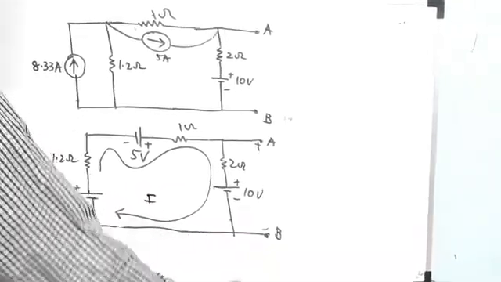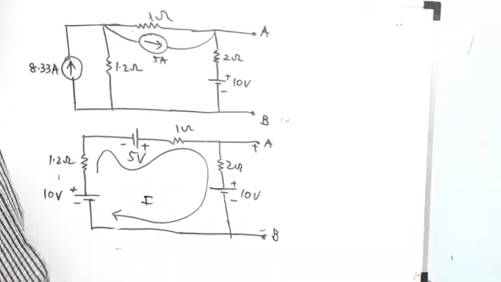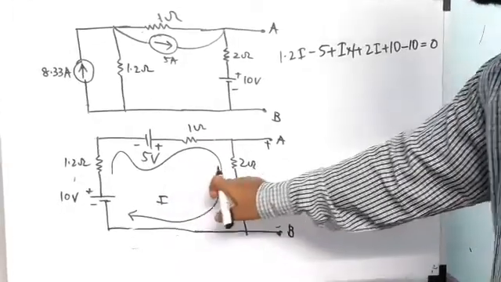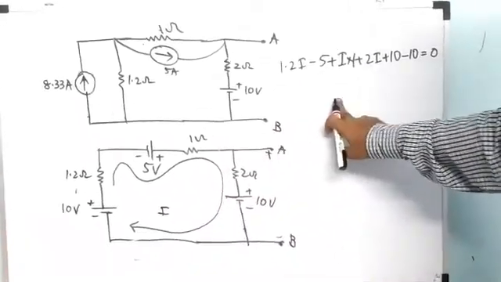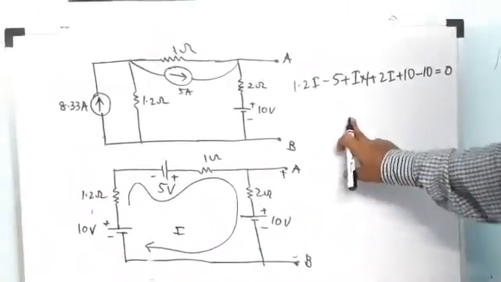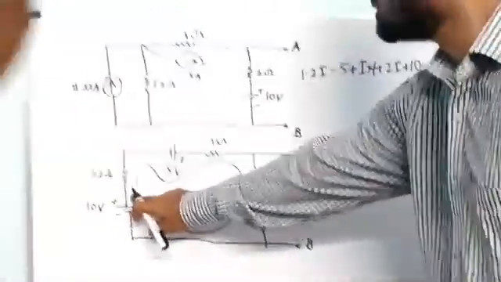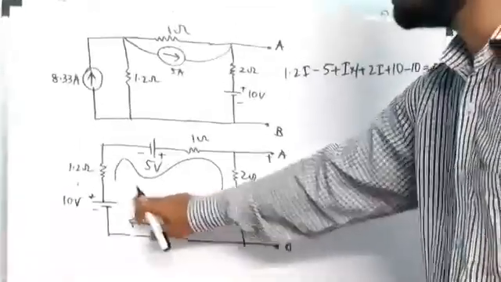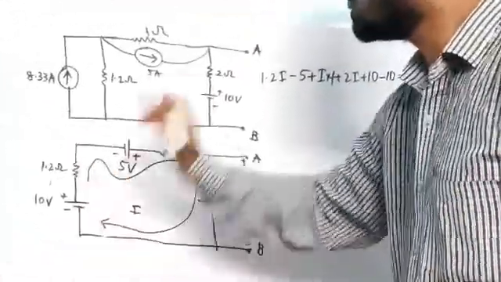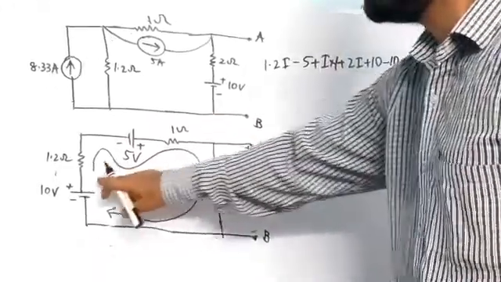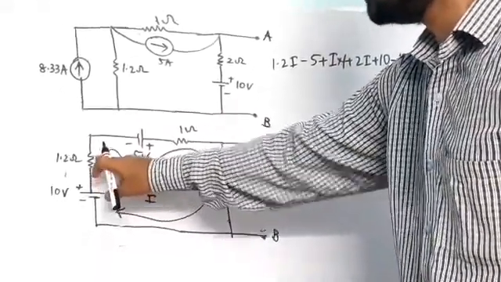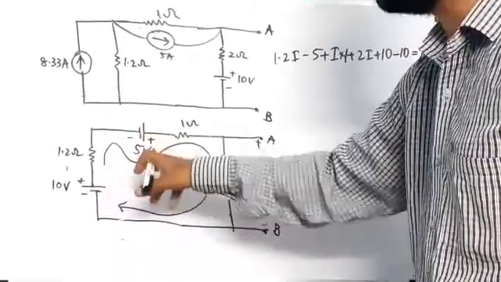Now find out the current. According to KVL for this loop, current will flow like this. My current I flows through this positive, and again it comes to positive. My direction of current is the same.